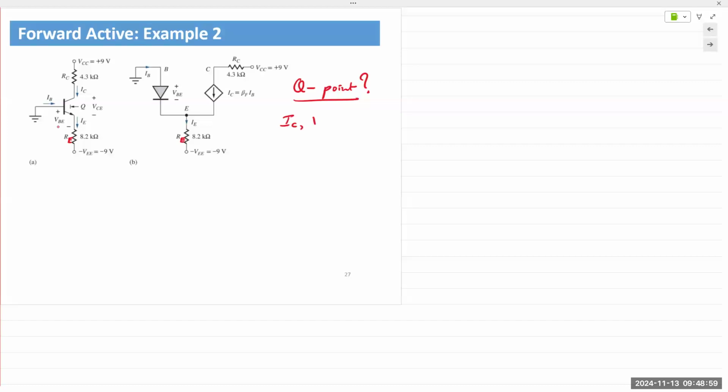So IC and VCE. The Q point means we are talking about the output of the transistor, where we want the transistor to operate. And so IC and VCE. The point on the load line where the transistor is forced to operate by the external circuit.